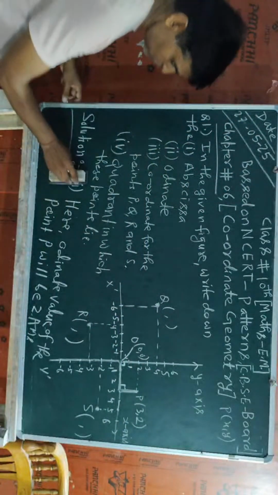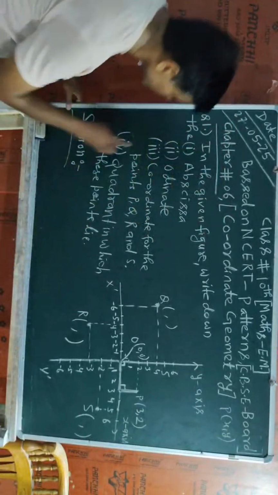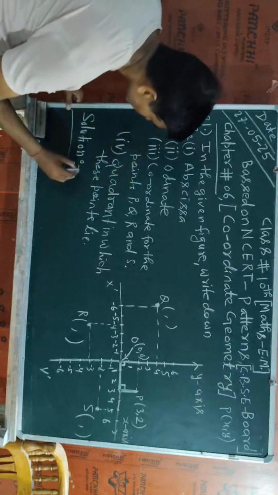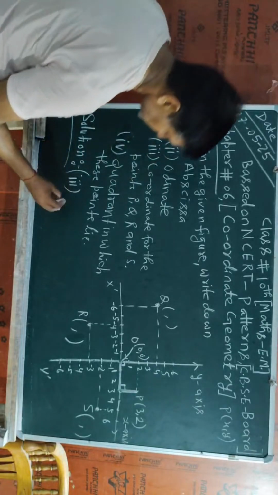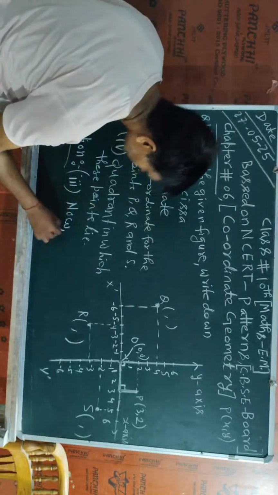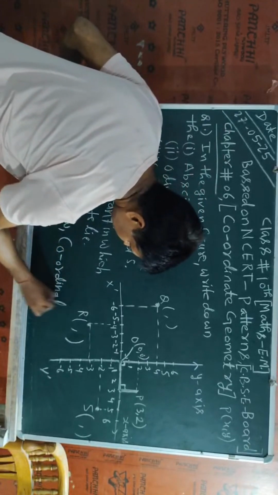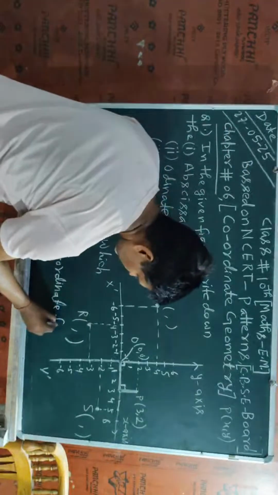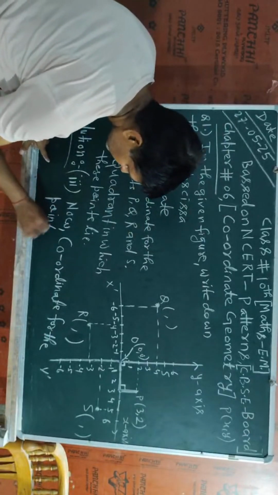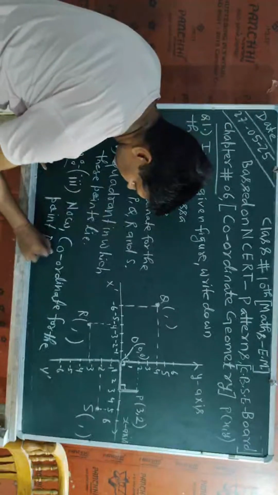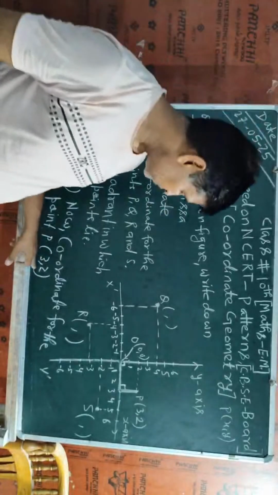Okay, students. Now further I am going to erase. After erasing, I will explain the information of question number 3. The coordinate for the point P will be 3, 2, because here x is known as the abscissa and y is known as the ordinate.